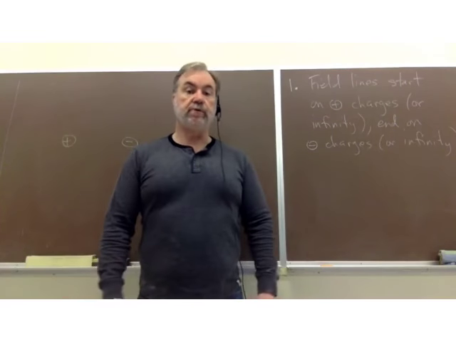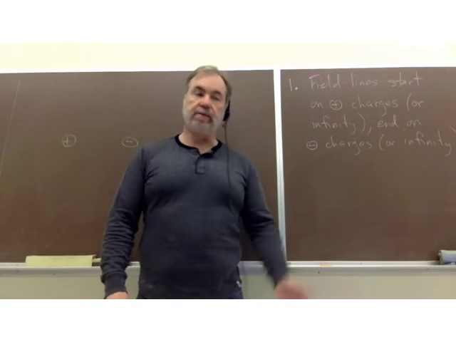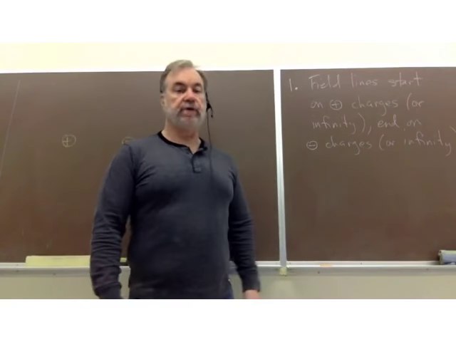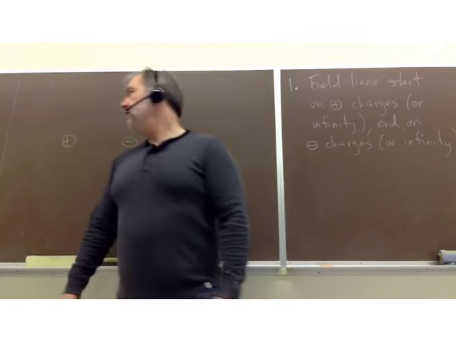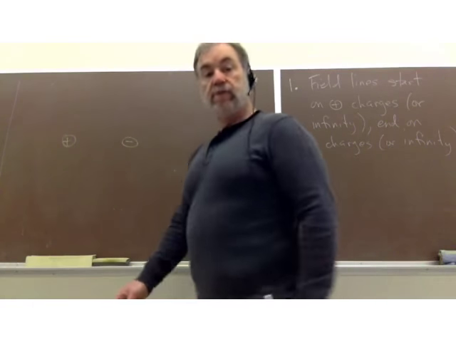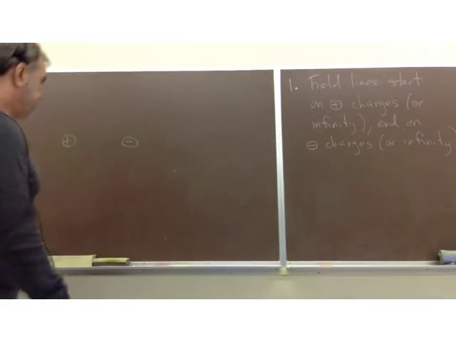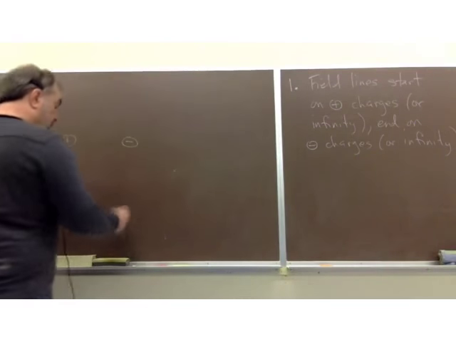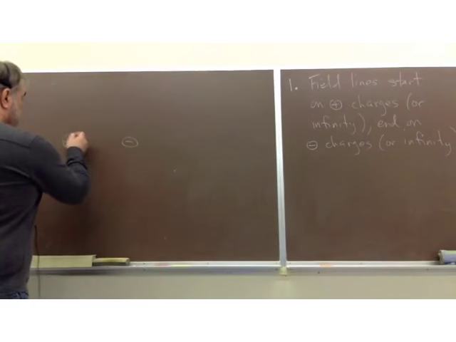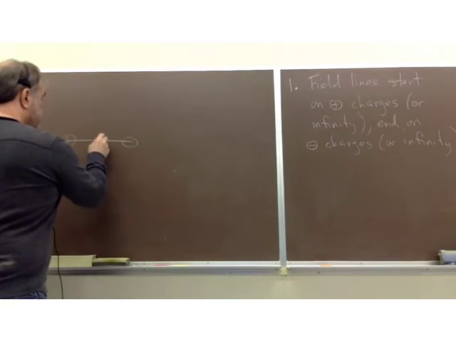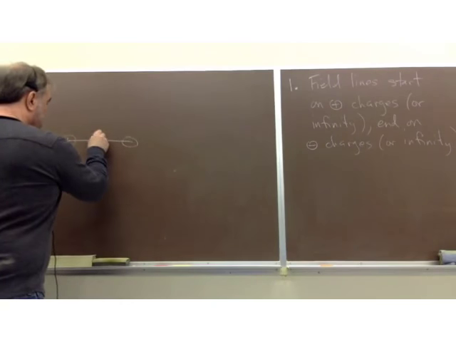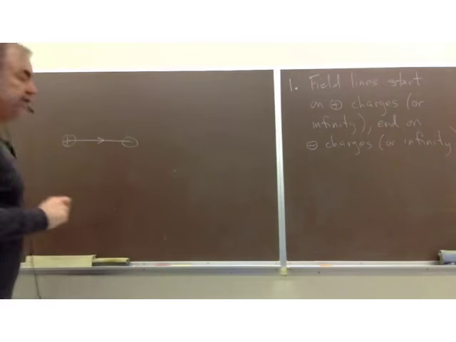And I mentioned in a previous recording, obviously we don't draw all the way to infinity. In practice, you draw a few 10 or 20 centimeters if you're on a big chalkboard like this. So following that rule, I will draw a field line, the simple one. I'm going to start it on the positive charge, end it on the negative charge, and we've already talked about the direction, so it points like that.